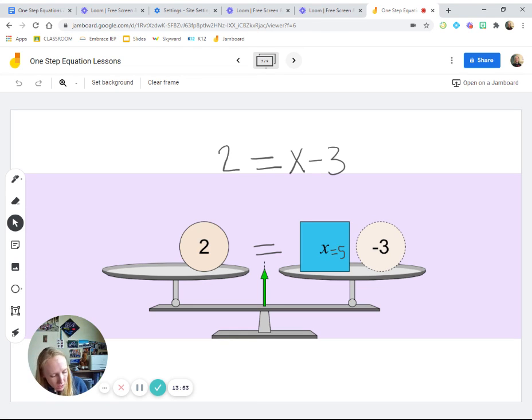Well, x equals 5. You can write it like that, or you can write 5 equals x, or you can write x equals 5. It doesn't matter which side you put each thing on, as long as they're equal and you know what x equals. Okay. So you're going to be answering some problems like this today.